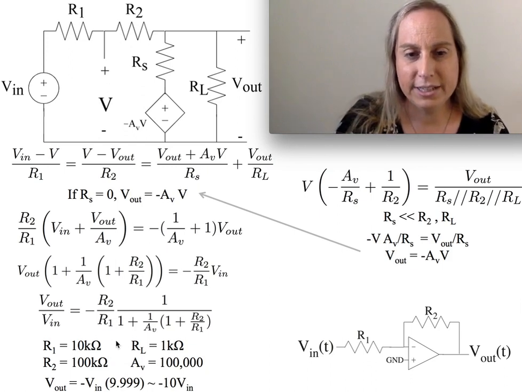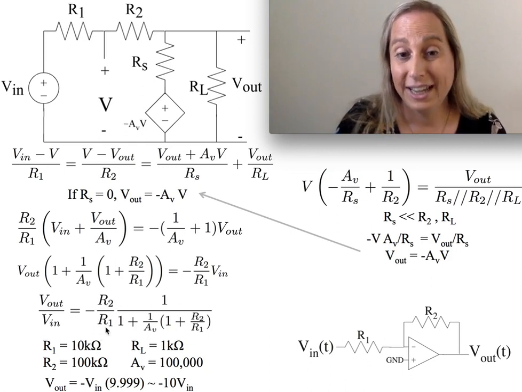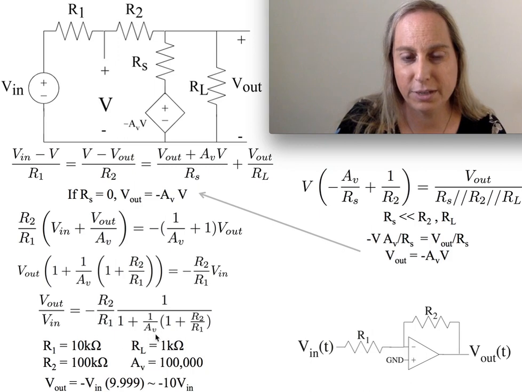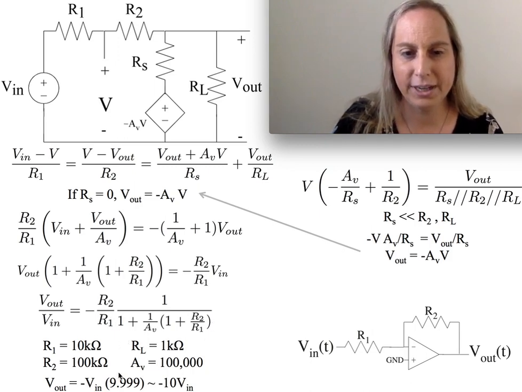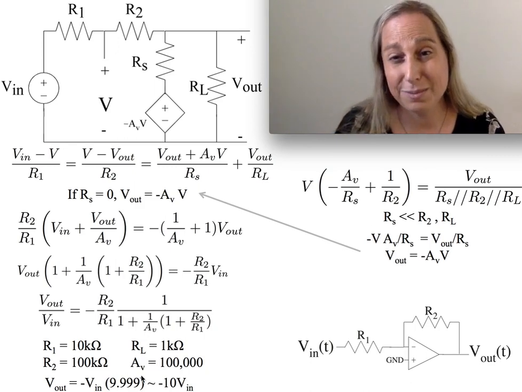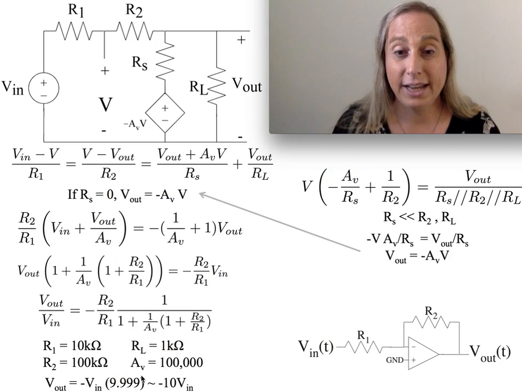R2 over R1 is 10, so that'd be minus 10. And this entire thing turns out to be a small correction factor, which you calculate as 0.999. That's pretty close to minus 10, and that's typically why we use an amplifier structure: I can get a nice, precise result based on these two resistors.